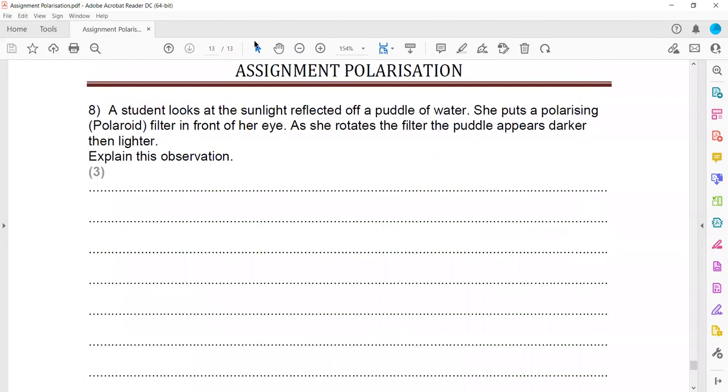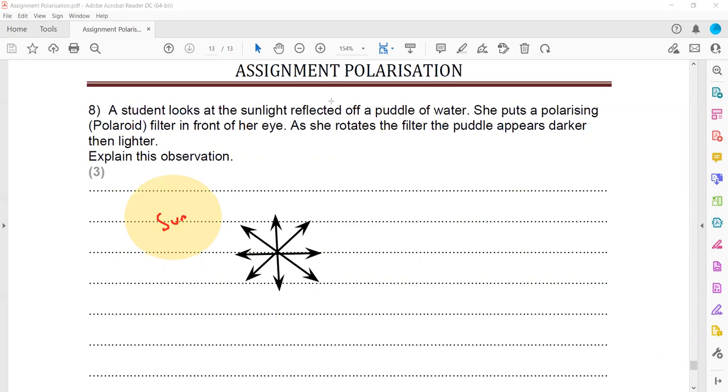So the student is observing the reflection from the puddle of water. The light which is coming from the sun is an unpolarized light, which is having many components of vibration. By looking at the light, you cannot say it is polarized or unpolarized.